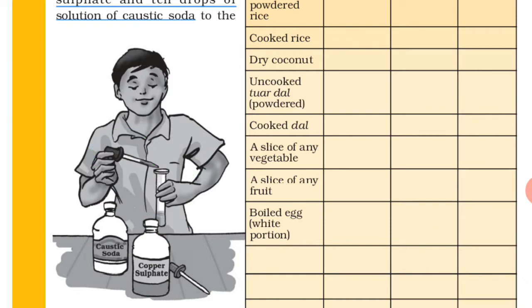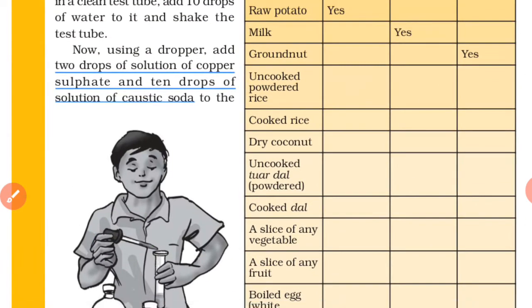By the dropper, we add 2 drops of solution of copper sulfate and 10 drops of solution of caustic soda. These are 2 solutions or chemicals that we have already discussed in the first video. So let us once again see. In that test tube we have to add 2 drops of copper sulfate solution, and 10 drops of caustic soda.